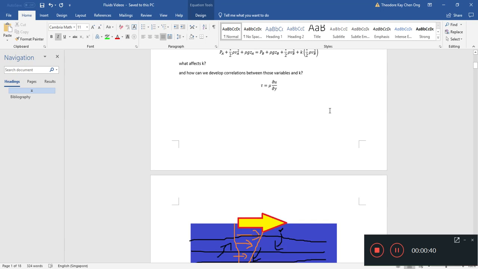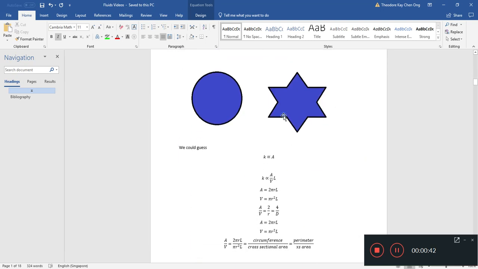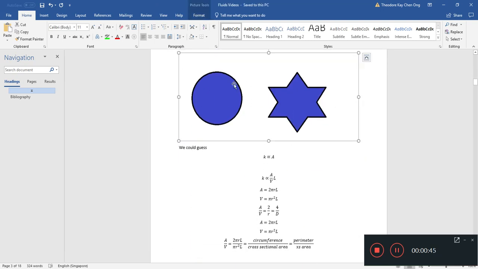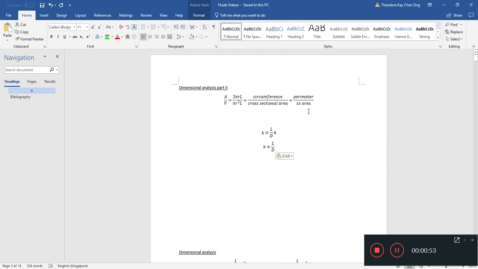It's kind of interesting, you can imagine the entire geometry of all circular pipes can be condensed into just this simple ratio called length by diameter.